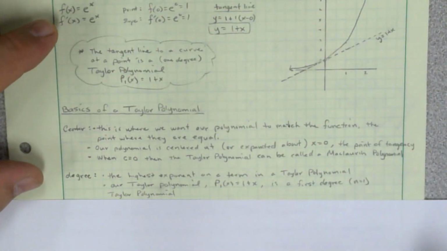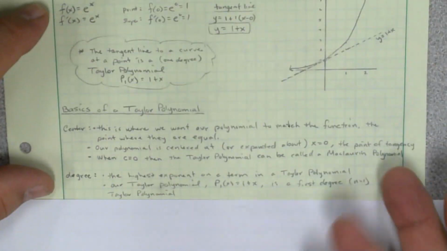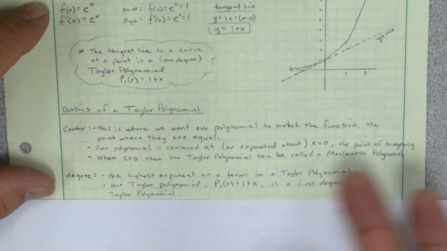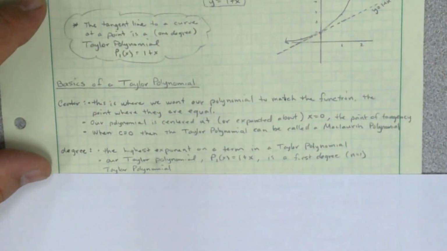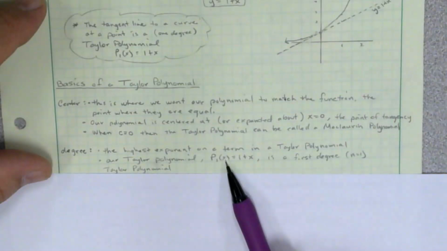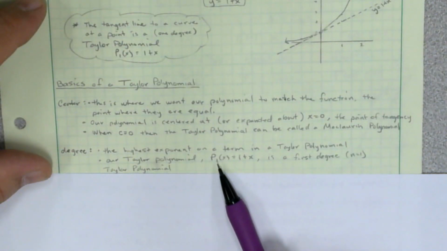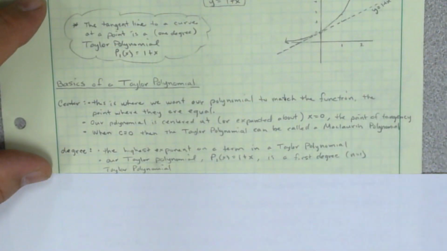So when it's at 0, it has a special name. It's either called Maclaurin or Taylor. It's the same thing. Degree is the highest exponent on a term in the Taylor polynomial. Our Taylor polynomial, p sub 1 of x, is a first degree Taylor polynomial, because n is equal to 1.